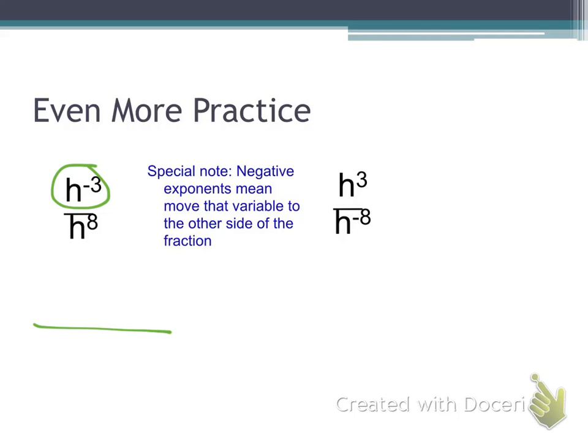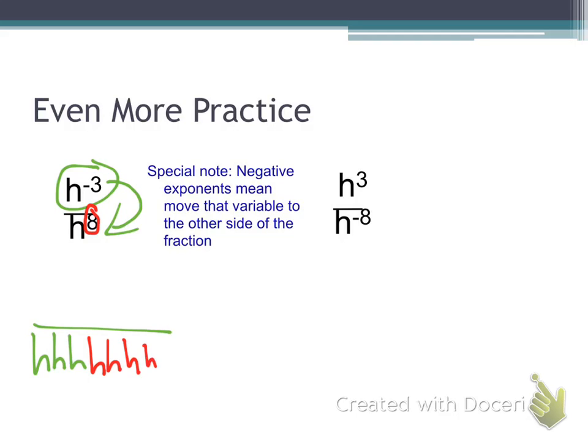I have to write 3 h's. But this negative sign means I write all 3 of them on the bottom. So I go h, h, h. Now this is positive, so I'm going to write it still where it belongs. H, h, h, h, h, h, h, h. So there's 1, 2, 3, and then there's 1, 2, 3, 4, 5, 6, 7, 8.